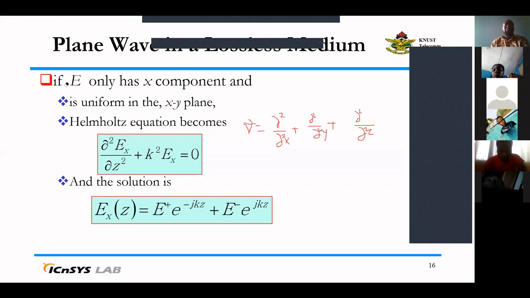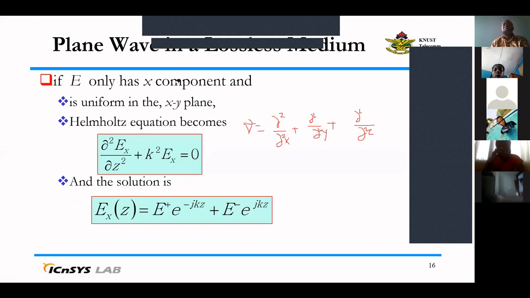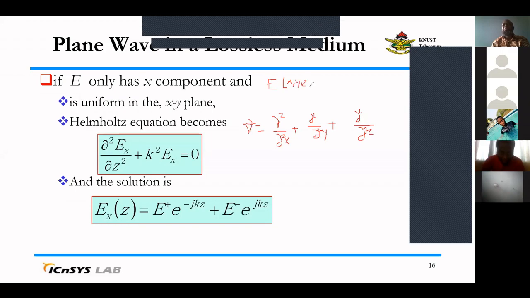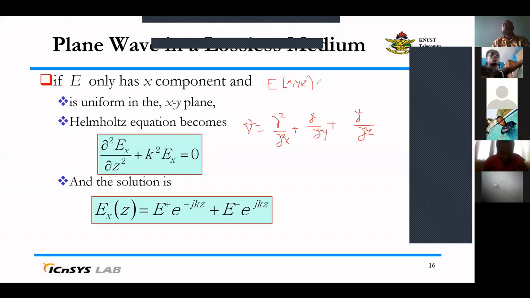That's del squared here. So now if we assume that E only has x components, because E itself must be written as what? If you remember, E is a function of what? X, Y, Z, and T. But the T aspect is taken by e to the j omega t.